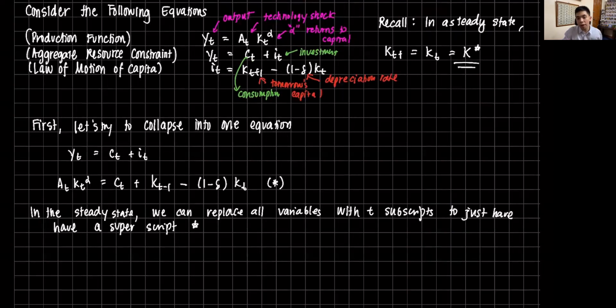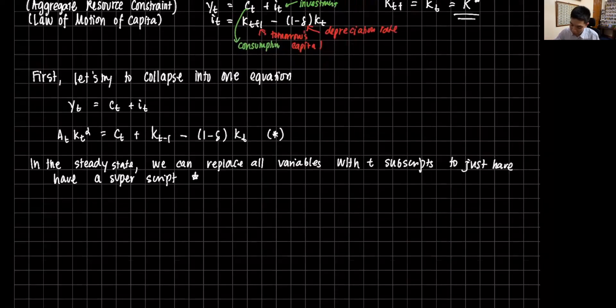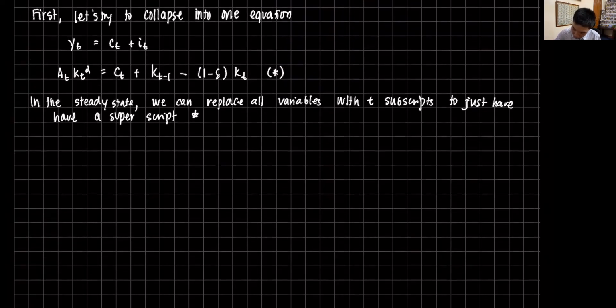Because the variables aren't growing, regardless of whether it's today or tomorrow, it's the same value for a particular variable. So this star equation transforms into this new equation.